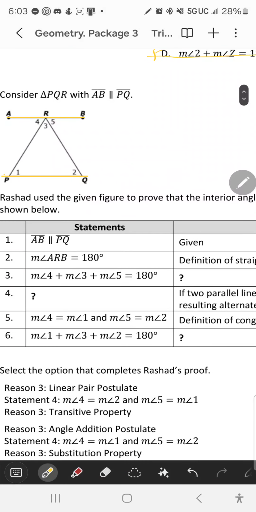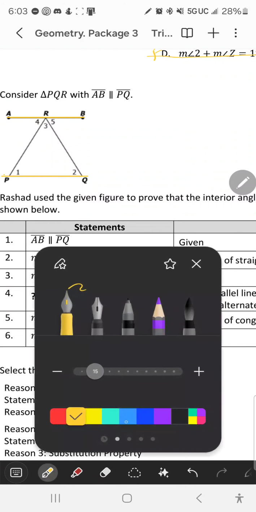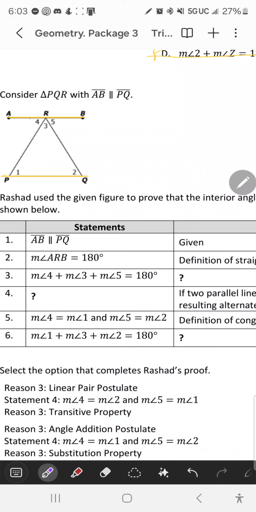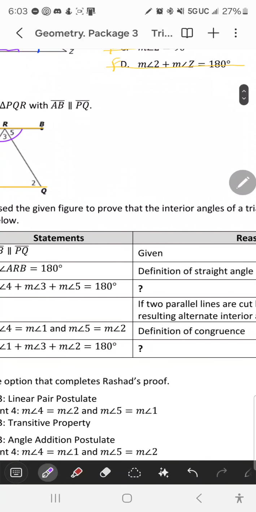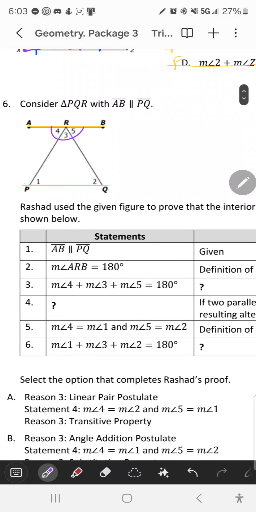Let's see. The given is that AB is parallel to PQ, so we are good with that. Now, the measure of angle ARB, which is going to be this whole angle, is 180 degrees, because of the definition of a straight line, they are all consecutive or supplementary, or whatever you want to call it.